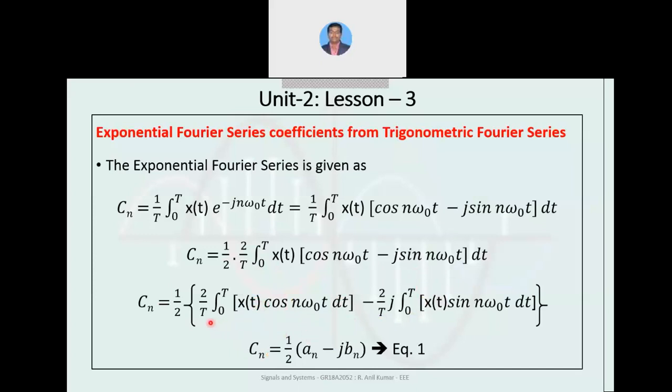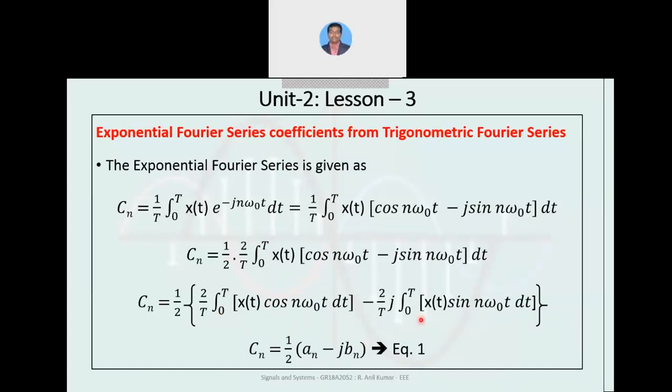Thereafter, this term, 2 by T integral 0 to T x of t cos n omega naught t, is the term we already solved in the trigonometric Fourier series coefficients, for which we got a suffix n equals 2 by T integral x of t cos n omega naught t.